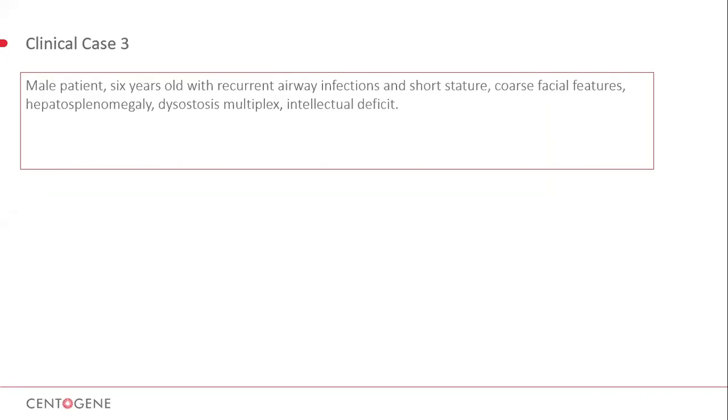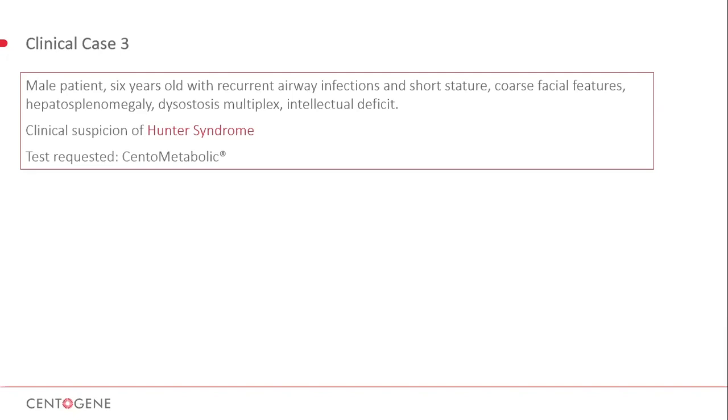This is another case of a 6-year-old patient who has recurrent airway infections, short stature, hepatosplenomegaly, dysostosis multiplex, intellectual deficit, and coarse facial features. As you may suspect, this is a very characteristic clinical picture for mucopolysaccharidosis, especially for Hunter and Hurler syndromes.